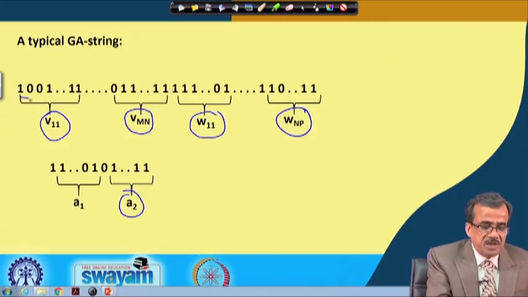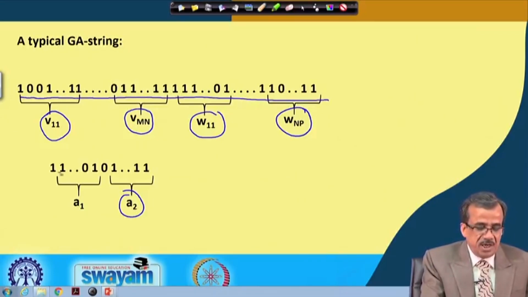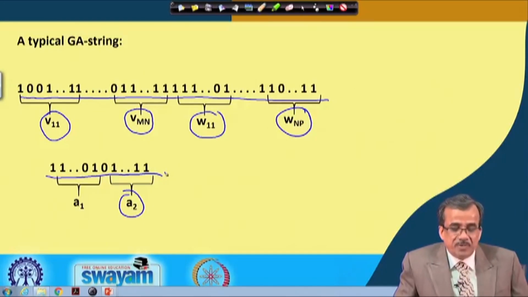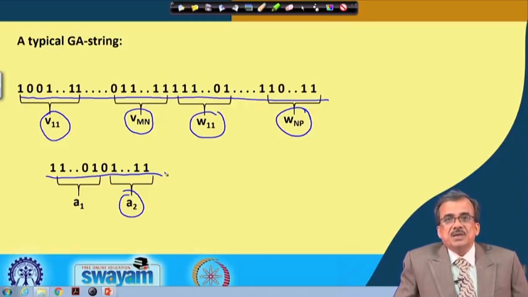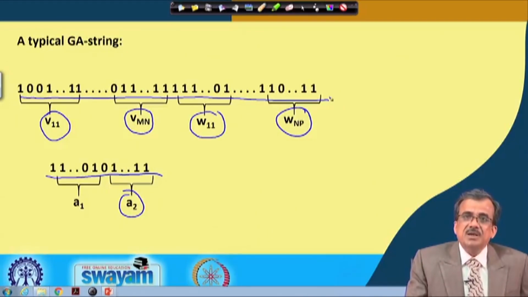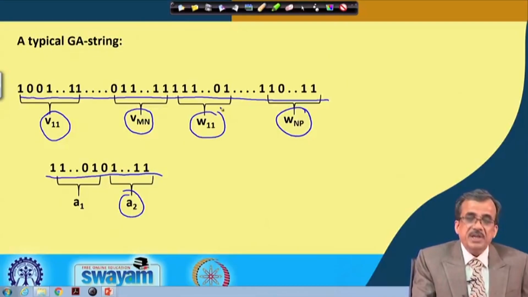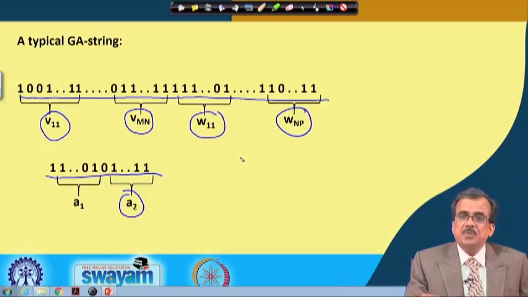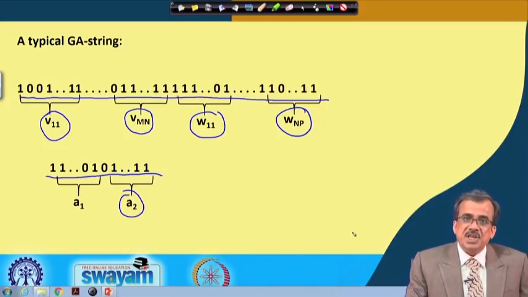So this particular GA string is going to carry information of the whole network, supposing that we know the architecture, and this optimization we are doing for a fixed architecture or fixed topology. A particular GA string carries the whole information of this network, and similarly, in the population of the genetic algorithm we have a large number of strings, that means a large number of neural networks.